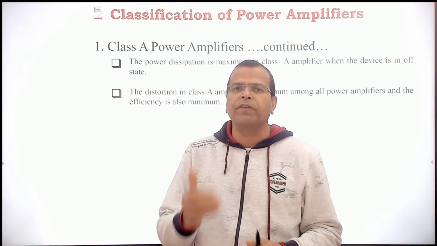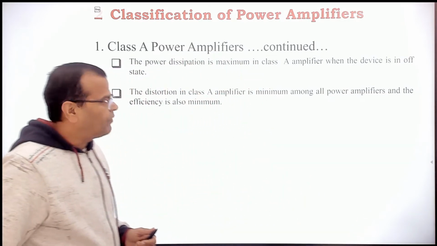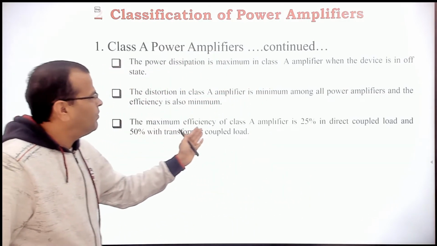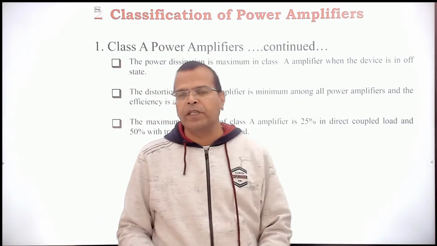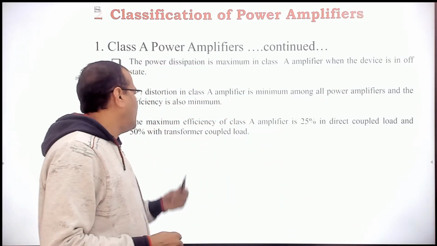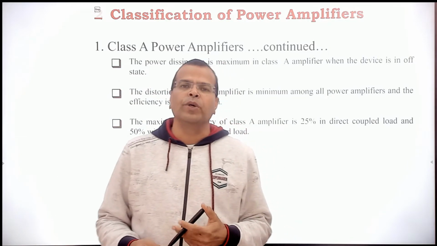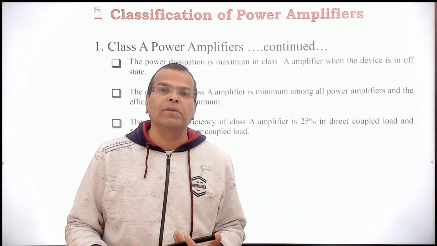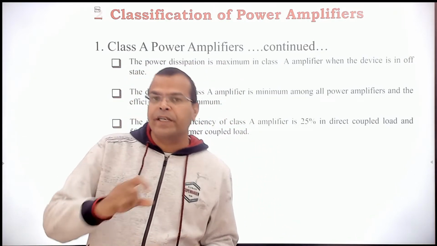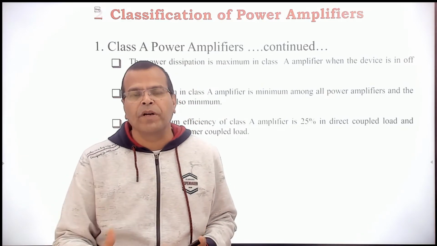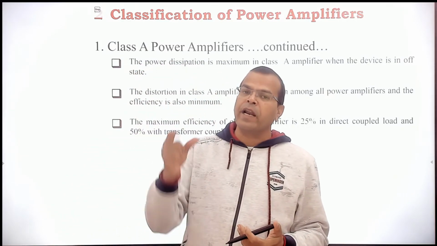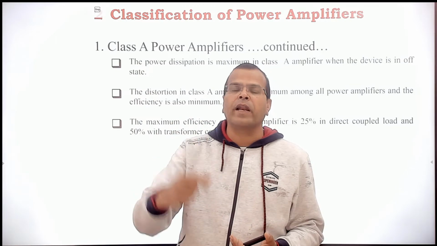We will see that when we discuss in detail. So these are a few points. The maximum efficiency of class A amplifier is 25% in case of direct coupled load, and it is 50% in case of transformer coupled load. So efficiency is almost doubled when we have the load connected through a transformer, that is called transformer coupling, and when you have the load connected directly in the collector, that is called direct coupled.